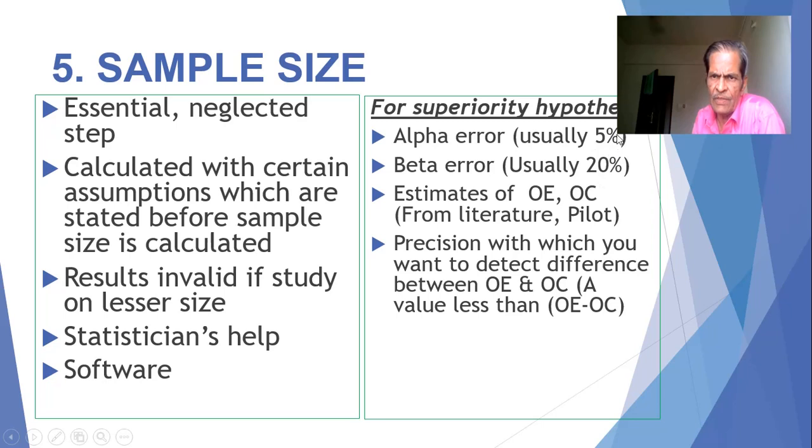So you will have to set the alpha error at either 5% or less than 5%. Similarly, the beta error will have to be set at 20% or less than 20%. Then you require some estimates of the outcome in the experimental group and the outcome in the control group.